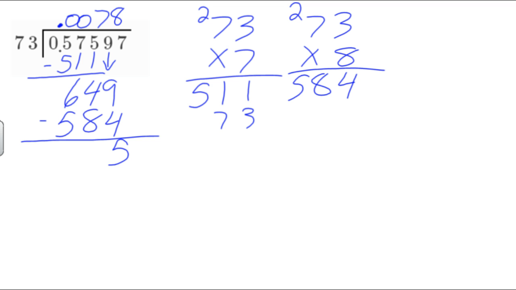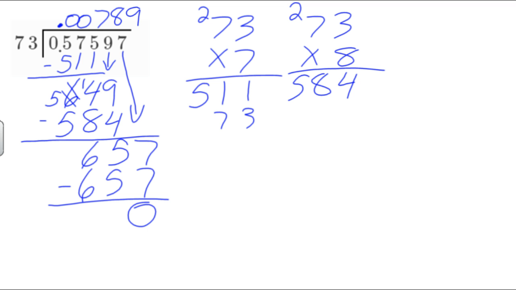Subtracting. I can't take 8 away from 4, so I borrow. That's a 5 now, and that's 14. So I get 65. I then bring down my next number, 7. 657 is a bigger number yet. And that's going to be 9. That's going to be 657.